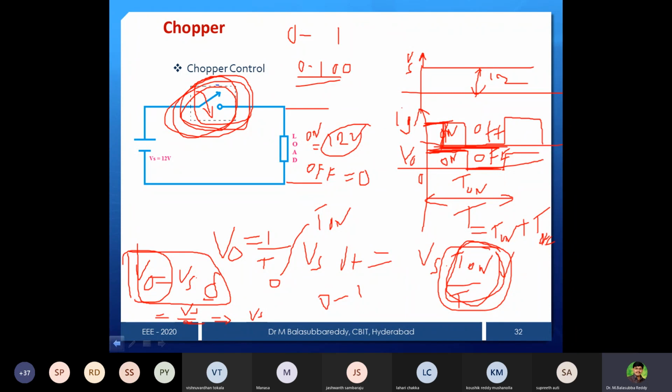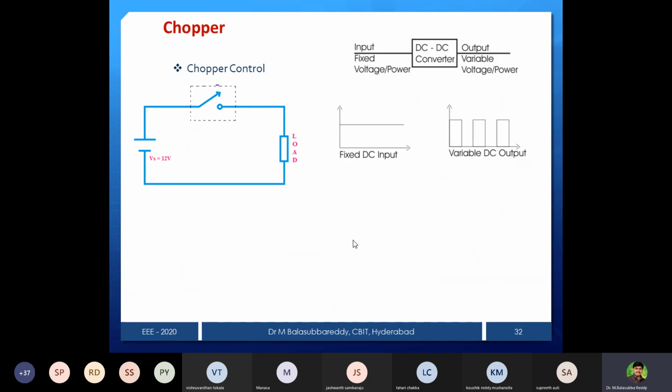That's the reason the losses are very less, and you don't have any additional resistors and so on. The control strategy is very simple. That's why your average output voltage is going to be controlled without any losses.